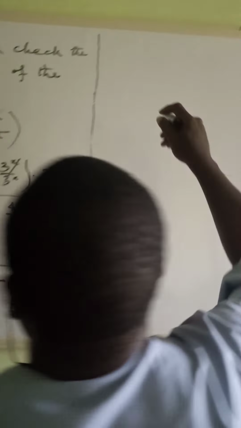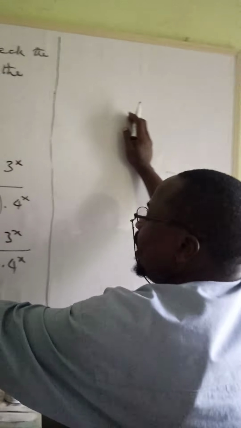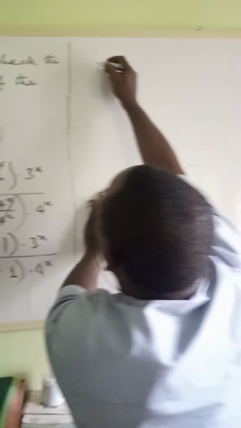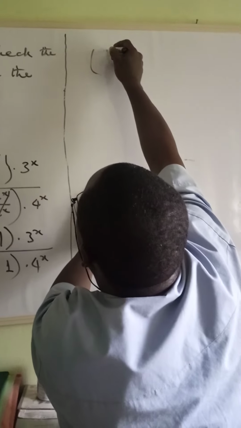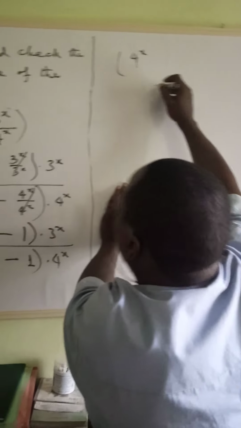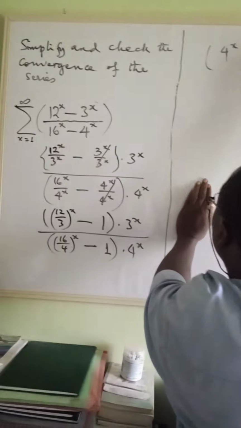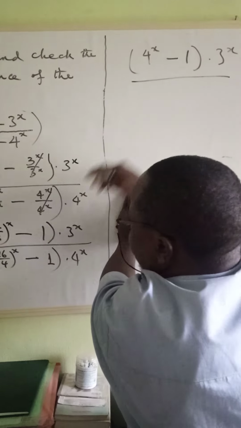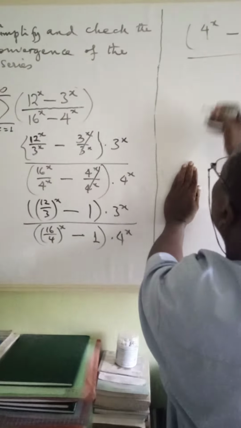Now, we are here. If I simplify that, 3 goes into 12 easily, so that I will have 4 raised to power x resulting in that, minus 1, times 3 raised to power x, everything over, again, 4 goes into 16 to give me 4.